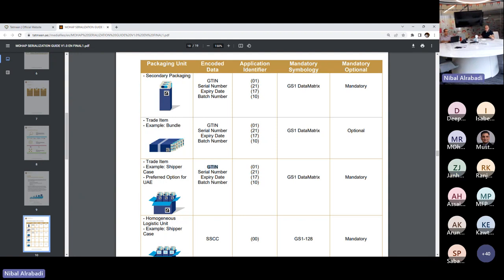This is the serialization guideline that Mustafa was referring to. This is the G10 for the shipper case. A shipper case with a G10 has a predefined number of items, and every time Tatmeen sees this G10, Tatmeen should expect the same number of items inside this case.